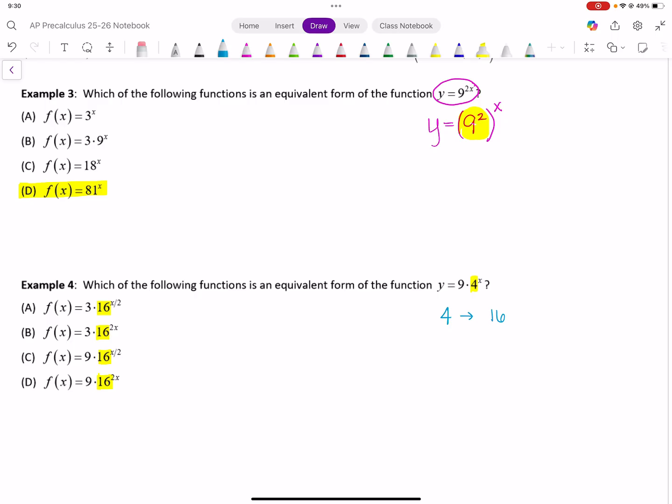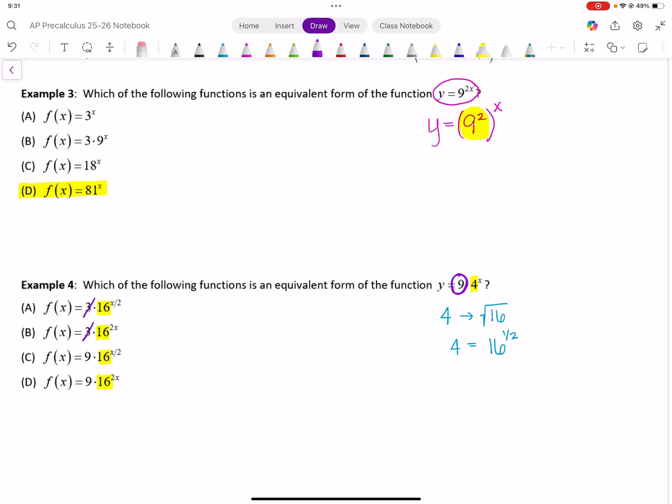And remember, 4 would be the square root of 16. So that means 4 is equivalent to 16 to the 1/2 power. And because we are only changing the base of our exponent, the 9 that is in front will not change.